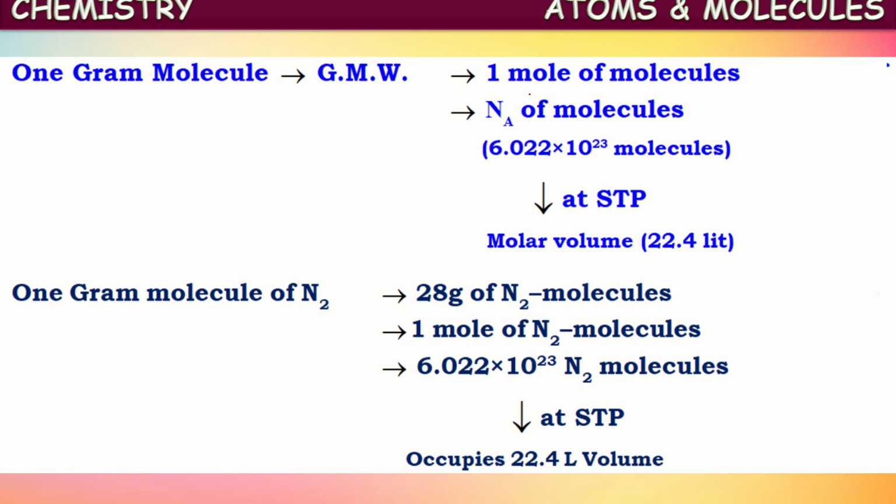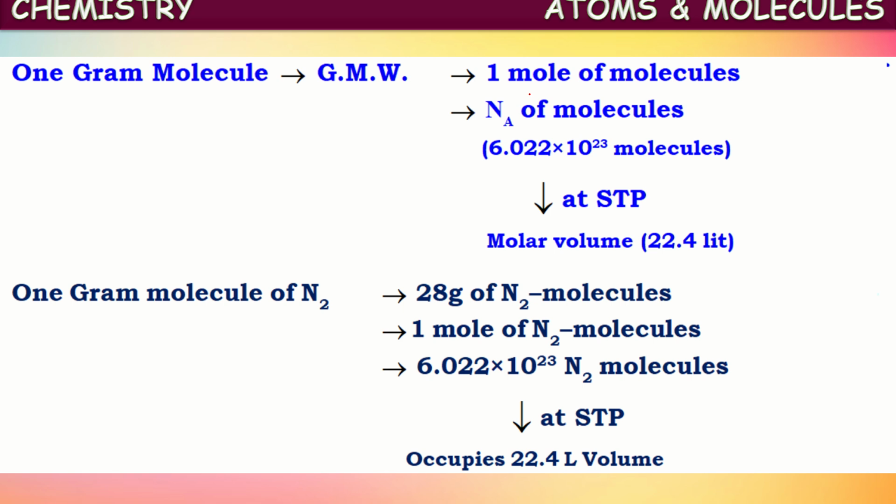Example: here we consider 1 gram molecule of nitrogen. N2 is a molecule. So 1 gram molecule of nitrogen is 28 grams of nitrogen, because the gram molecular weight of nitrogen is 28 grams. So 28 grams of nitrogen molecules contains 1 mole of molecules. 1 mole of molecules is nothing but Avogadro number of molecules, 6.022 into 10 to the power of 23 nitrogen molecules.